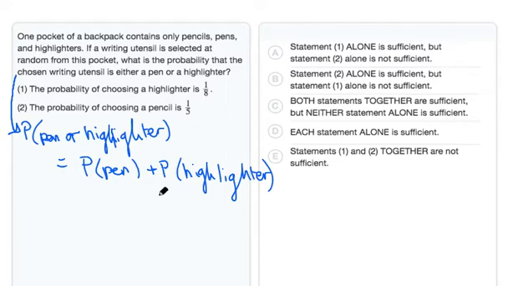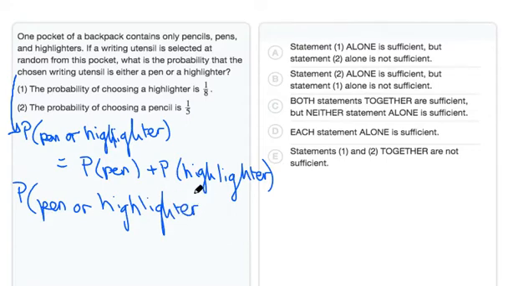Alternatively, since we know that we only have pens, pencils, and highlighters in this pocket, when we pick a writing utensil, we could represent our probability of finding a pen or the probability of finding a highlighter as 100%, so 1 minus the probability of finding a pencil.